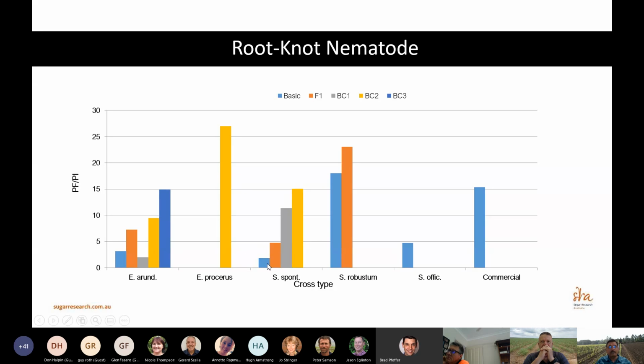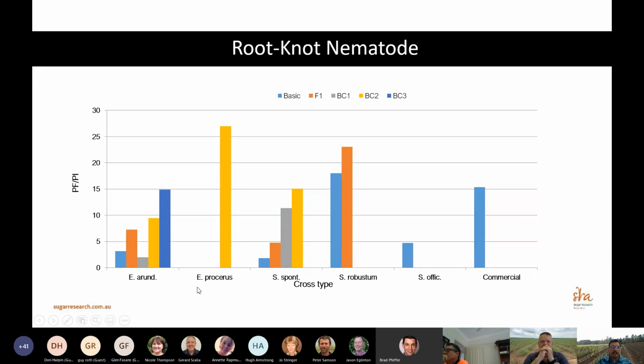Then if you go into the advanced progeny, the population is more susceptible. And these are our commercial clones. You can see they are almost all susceptible.